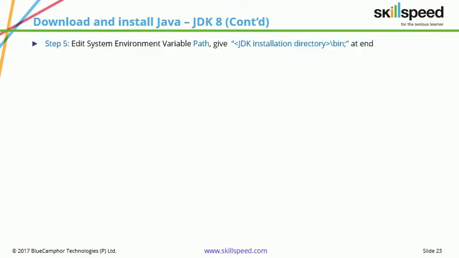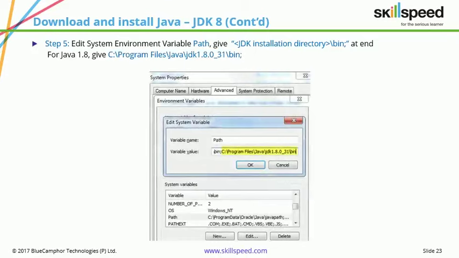If it is Windows, I have to edit the path variable of the environment variables under the system variables, where I have to give the JDK installation directory path. Usually it will be in the C drive, Program Files, under the Java folder, JDK 1.8 or 1.7 based on the installation that you have done.